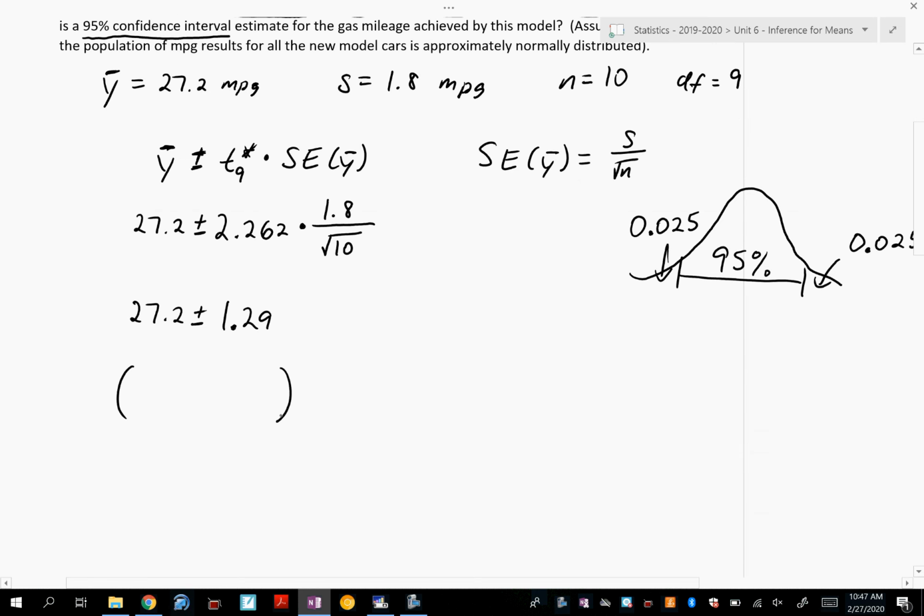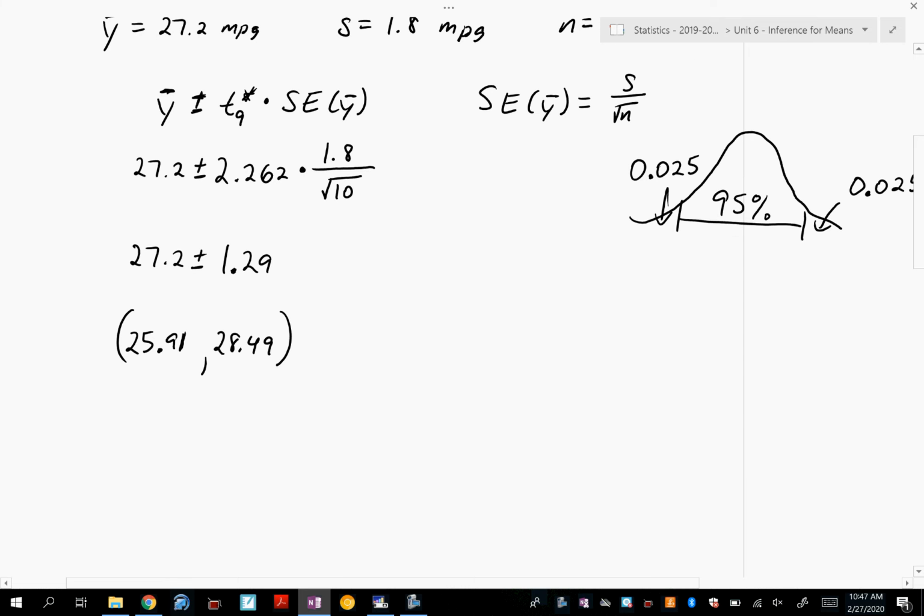Okay, so if we add and subtract our margin of error from 27.2, you get 25.91 miles per gallon and 28.49 miles per gallon. All right, so here's the statement you're going to write.